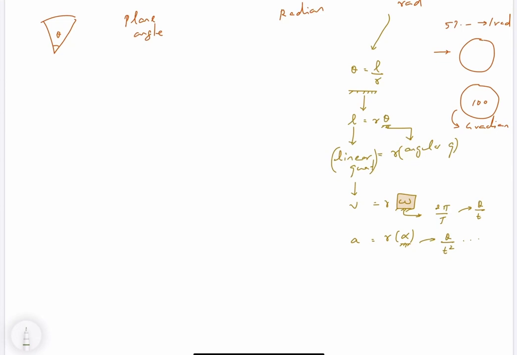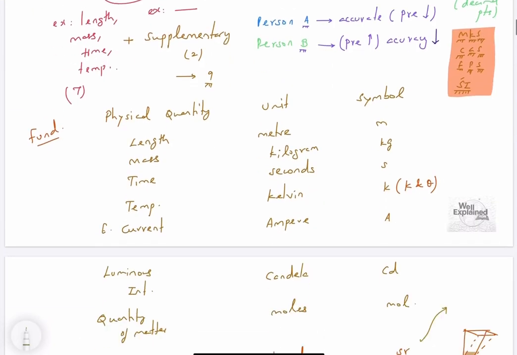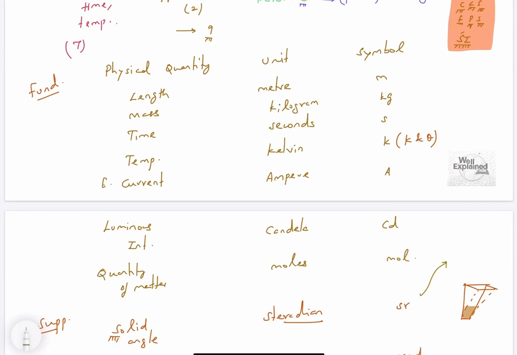For example, let's start with the basic terms like length. We saw it's nothing but L. We usually put this square bracket, right? And these are its symbols. Okay, I didn't write the symbol over here.